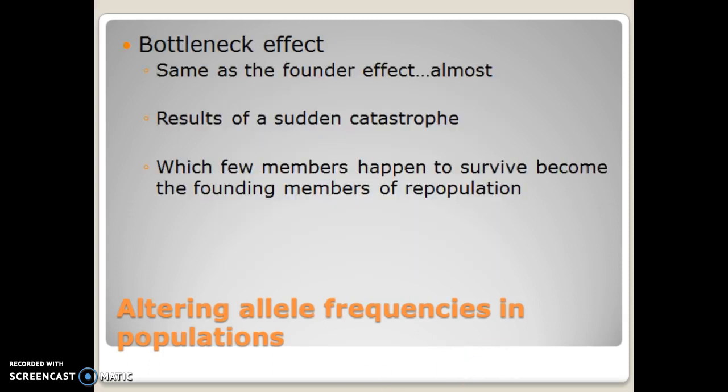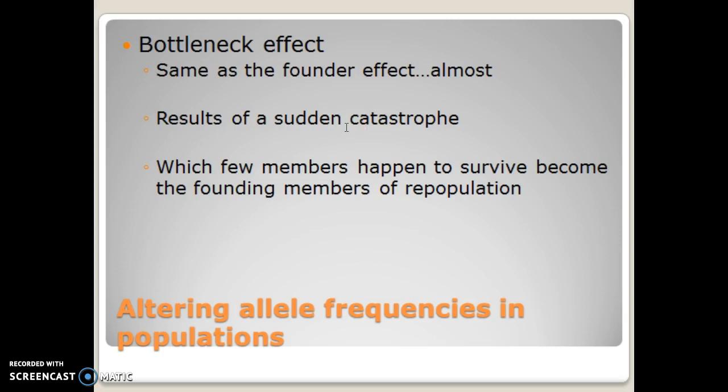A third way that allele frequencies can shift is called the bottleneck effect, which is really almost the same as the founder effect, except it's a result of a catastrophe.